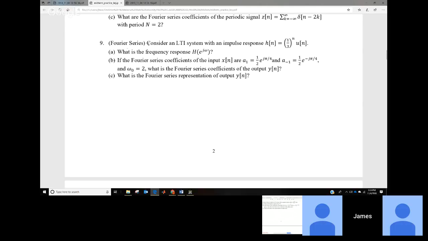So for Fourier series, problem 9, we're going to consider a linear time invariant system that has an impulse response of h of n equals 1/3 to the n times u of n. So anytime I see this form of an equation, I immediately start thinking geometric series. The first part we're going to be asked is, what is the frequency response?